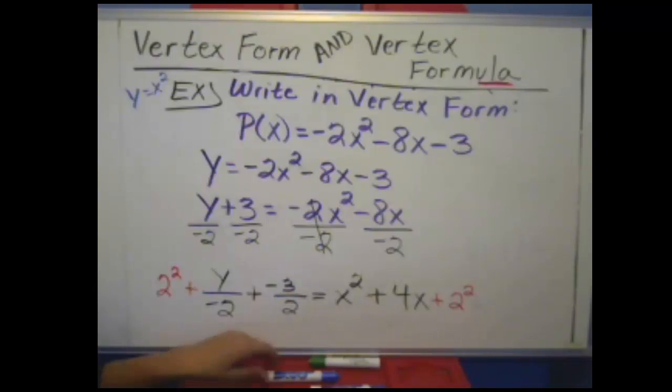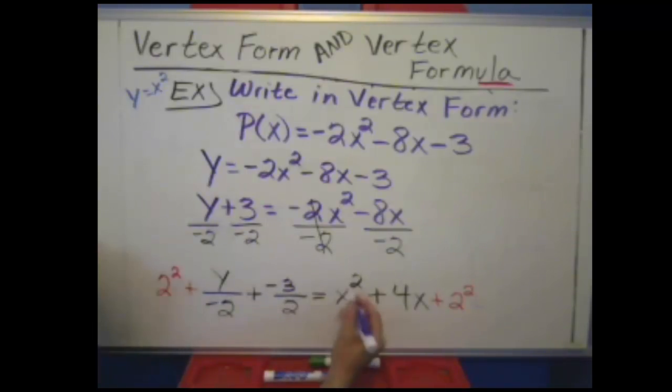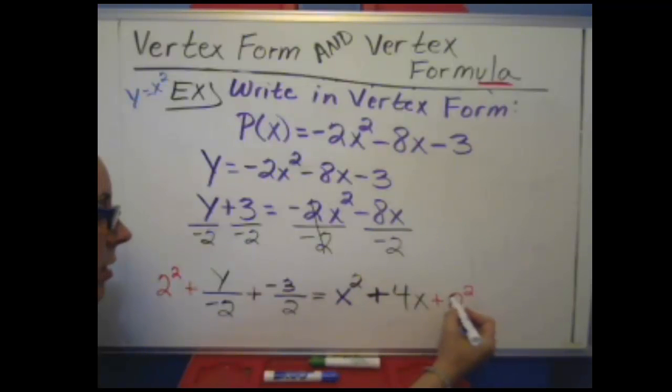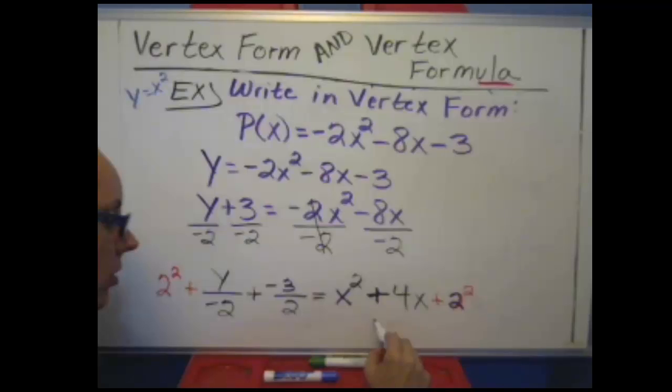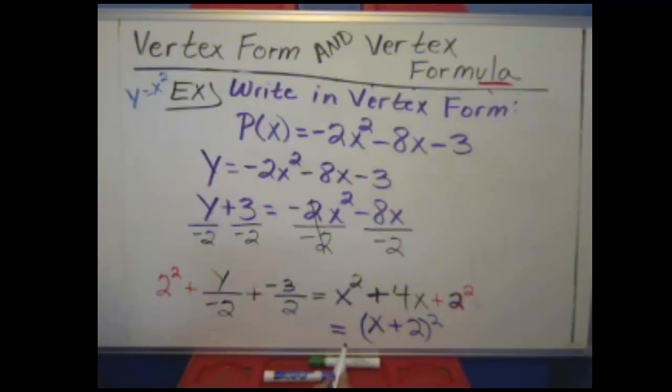This is important because now we can actually factor this in one step by taking this x, this addition symbol, and this 2, and putting those into parentheses. So x plus 2 squared we have on the right-hand side. On the left-hand side, we have, let's see, first we have a 4, subtract 3/2.